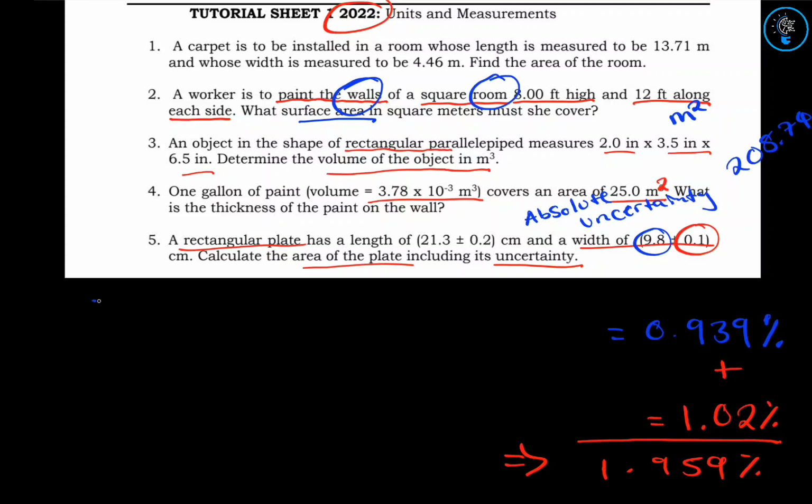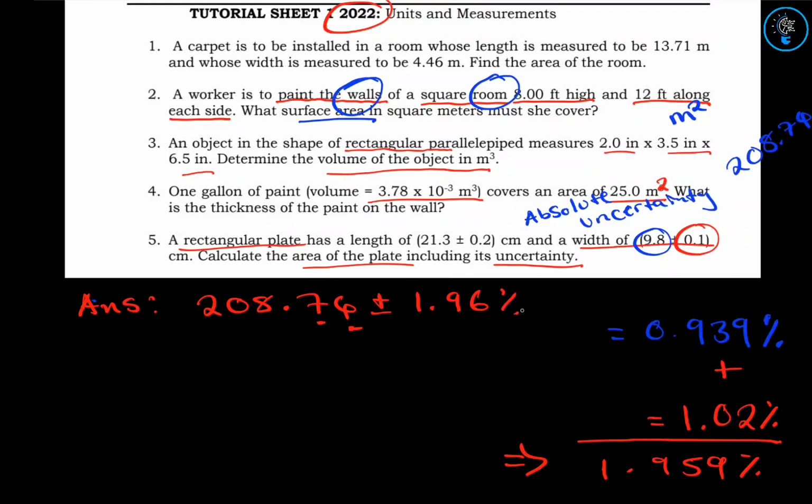Now we can write our answer as the central value, 208.74, plus or minus the percentage uncertainty. The number of decimal places there must be the same as this side, so it will be 6.